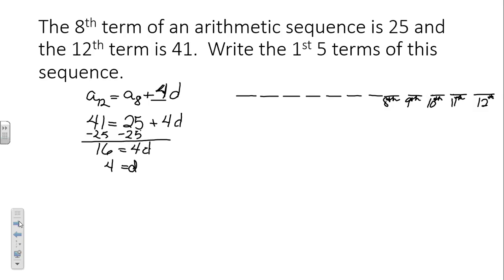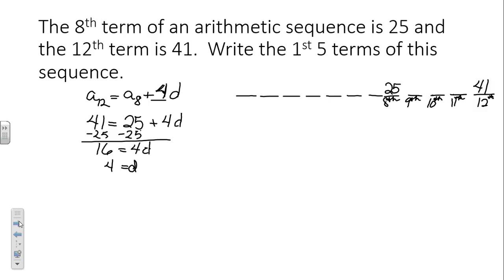Now we've got to come up with an arithmetic sequence here in order to make this happen. Okay. Between the first term and the 8th term, there are how many differences? Because we could simply subtract 4 each time and fill in the blanks, right?